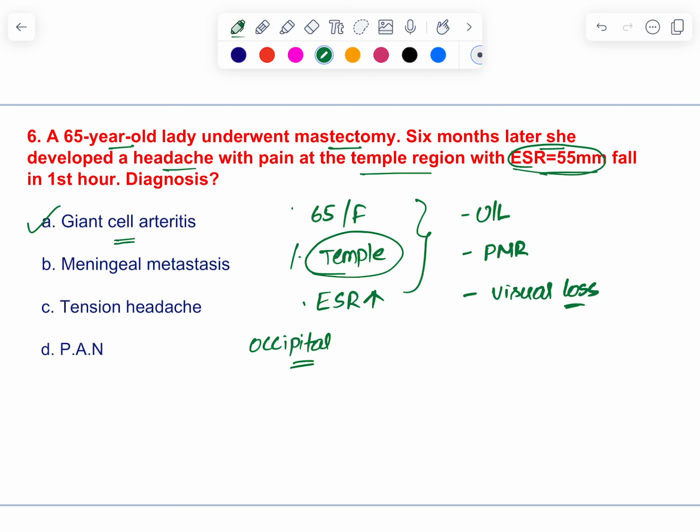And what about meningeal metastasis? Meningeal metastasis is also a disorder where you will have headache. And this particular headache of meningeal metastasis is associated with nausea, vomiting, and they also complain of lightheadedness.